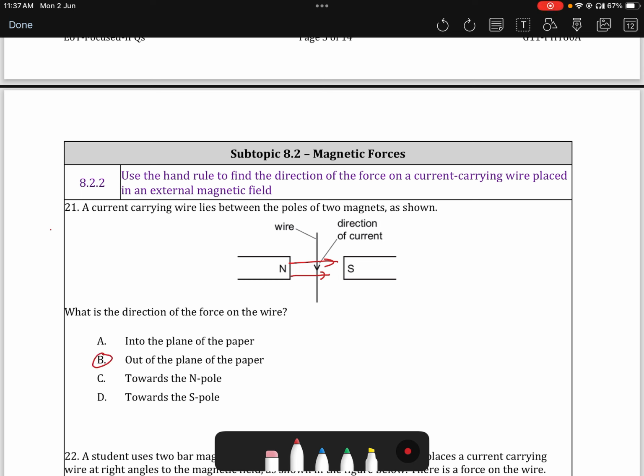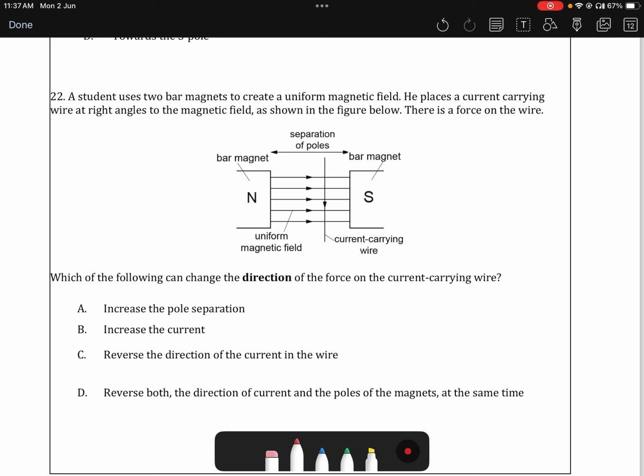Okay, now here, in order to change the direction of the force, what should we do? If we increase or decrease any of the factors, that will not change the direction. Maybe it will change the strength of the force, but not the direction.